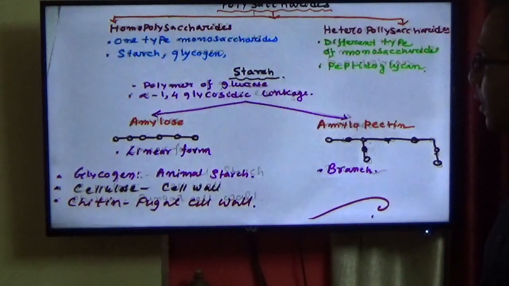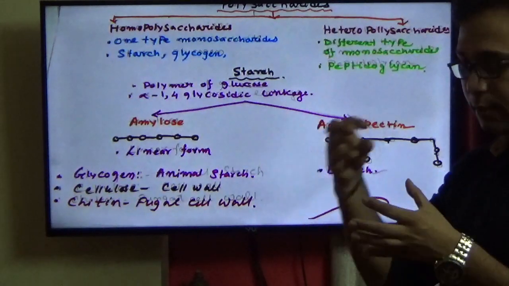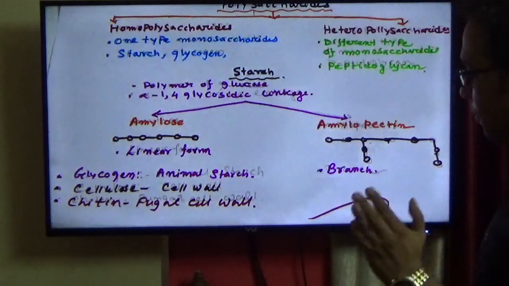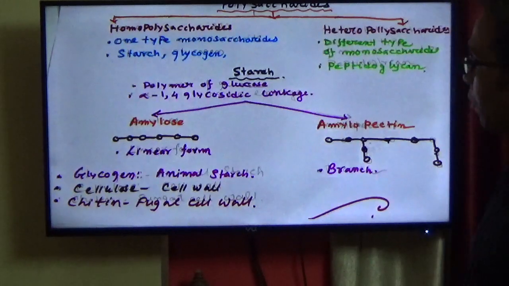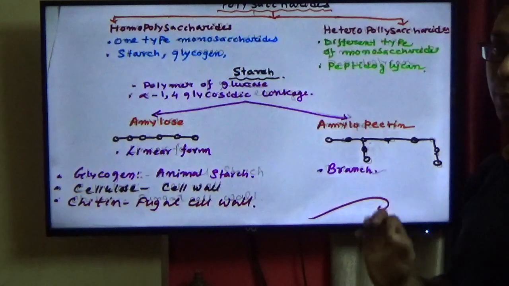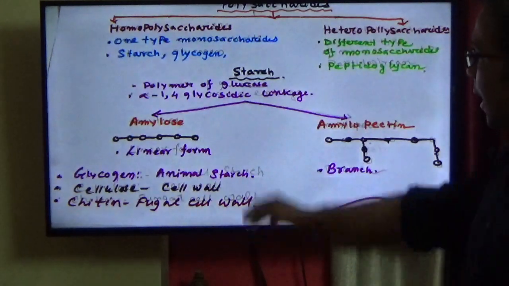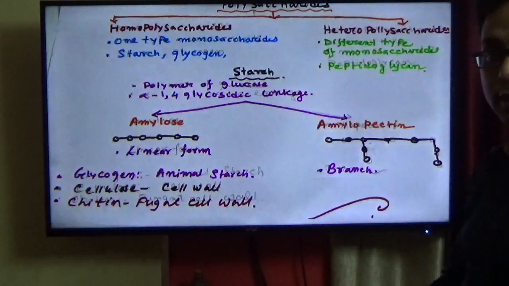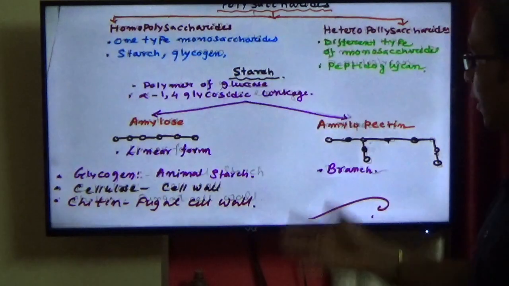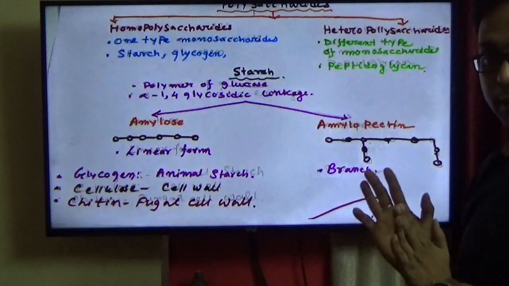Next we discussed the disaccharides, and here maltose and lactose are very important. Finally we discussed the polysaccharides. There are two types of polysaccharides: homopolysaccharide and heteropolysaccharide. And we discussed the structure of starch, that is the amylose and amylopectin format present in the starch. So this is our carbohydrate part.